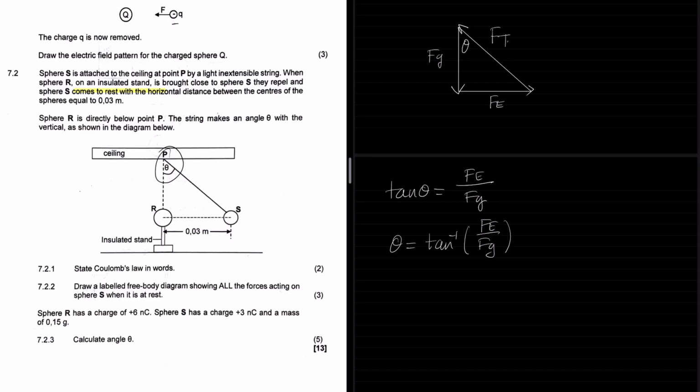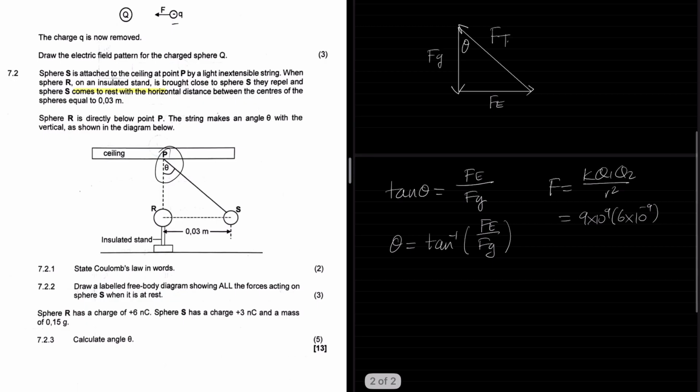So remember, Fe is equal to k q1 q2 over r squared. So k is 9 times 10 to the power 9. q1 is the first charge, so let's go 6 times 10 to the minus 9.